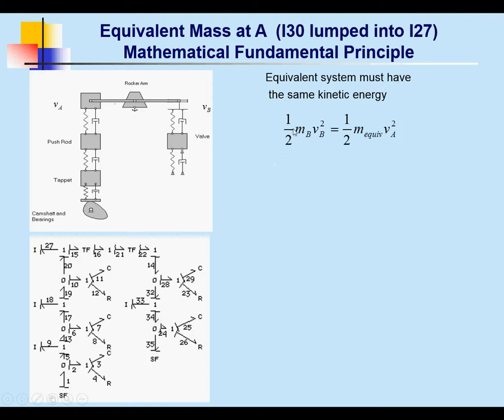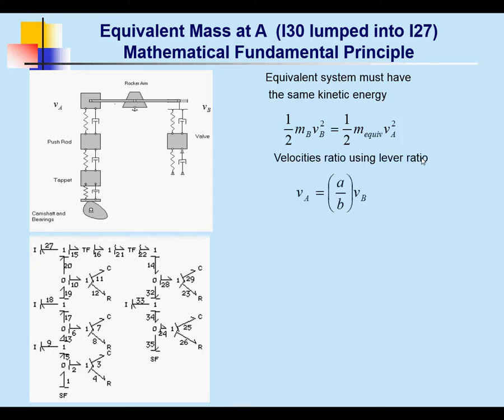So one half of the mass times the velocity of B squared should equal one half of the equivalent mass times the velocity of A squared. Do you see what I mean? In other words, at A, there has to be some equivalent to this.